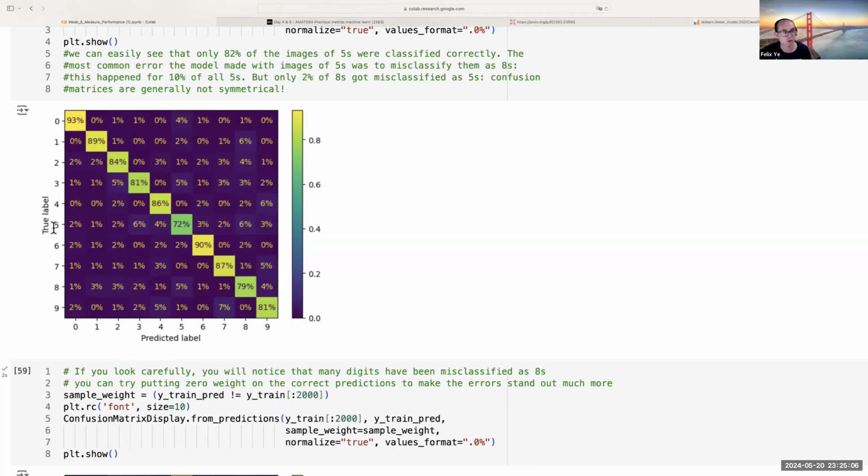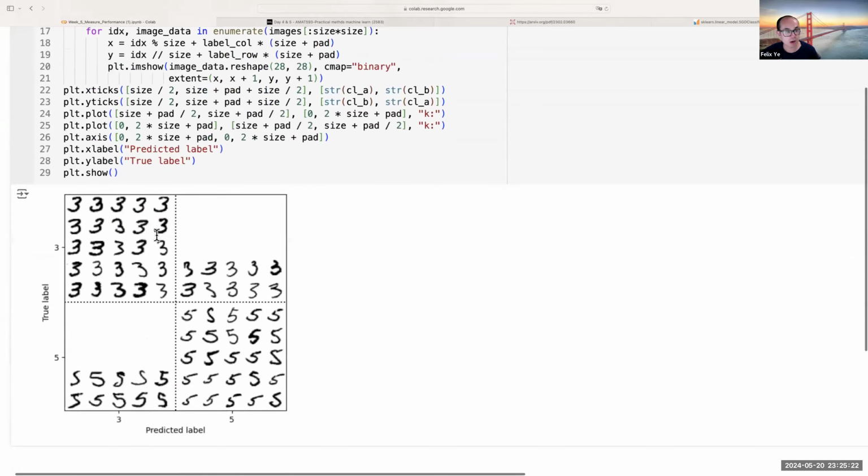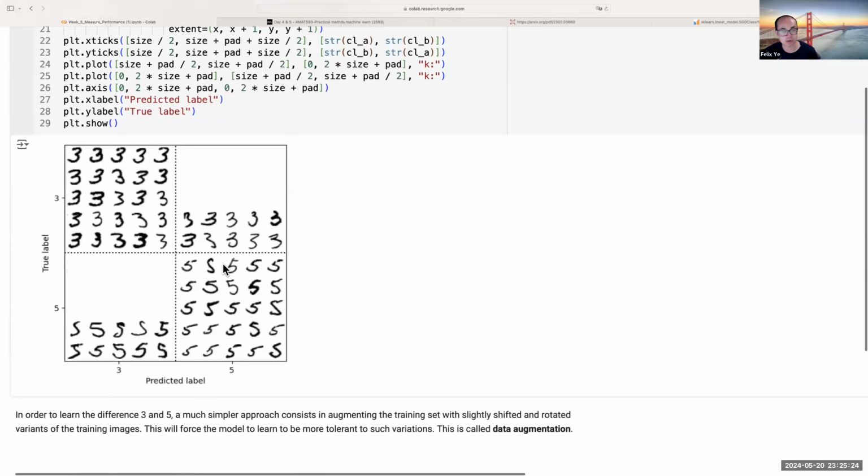So this should be 5, but 6% of 5s are being predicted as 3, and 5% of 3s are predicted as 5, right? This is something that we keep in mind. We can plot them out to see how many were actually predicted wrong.